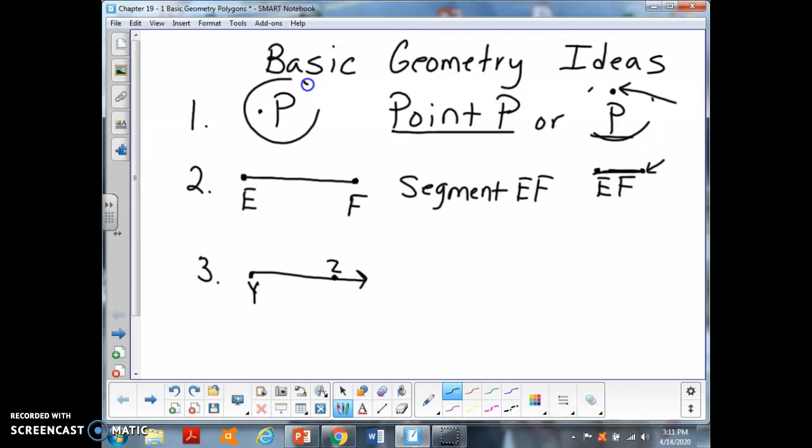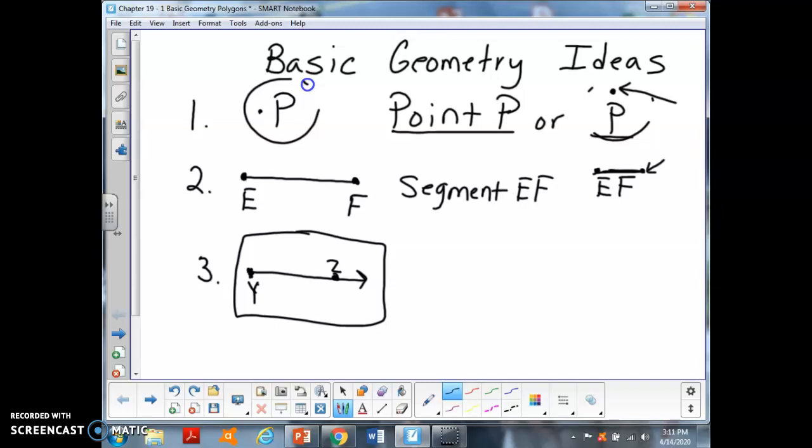Number 3 is a different shape. What is that shape inside my rectangle? It has 2 points on it, point Y and point Z, but it doesn't look like number 2. Number 2 had 2 endpoints, point E and point F. This one has an arrow and it's going on in one direction.